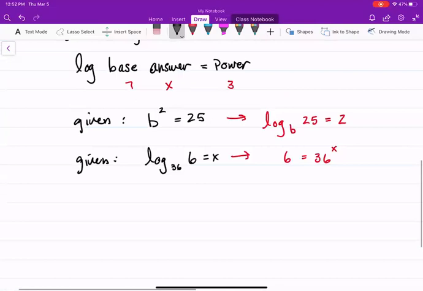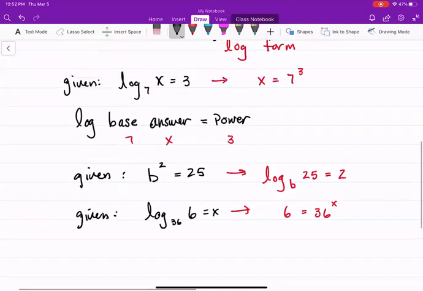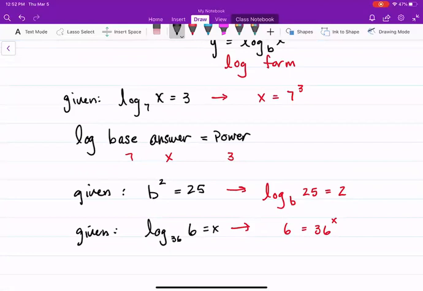Yes? What do you mean? Yes. Because if I use that, then when I write the log form, I'm looking for the base of the exponent form, the answer of the exponent form, and the power from the exponent form, right?